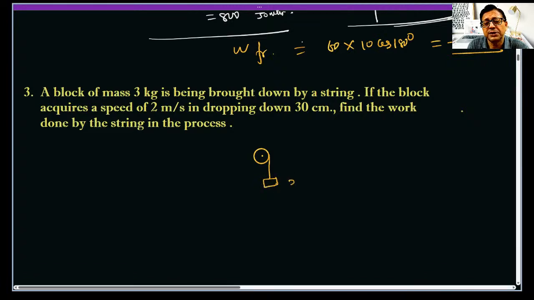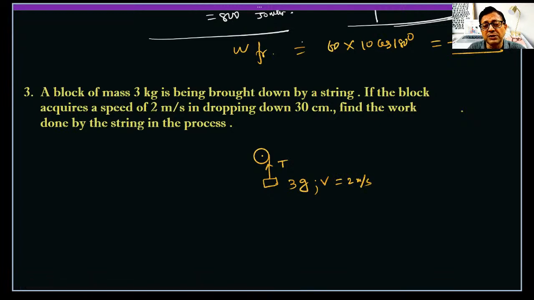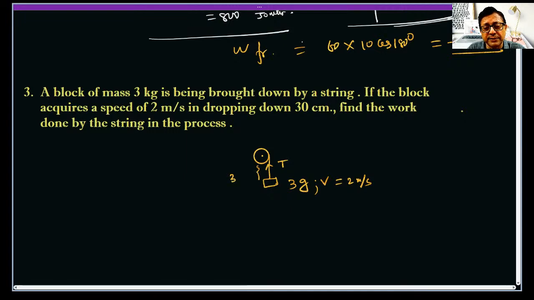This force is 3g. Tension is acting upward. The block acquires a speed of 2 meter per second when it goes down by a distance of 30 centimeter. Then the question is, find the work done by the string in the process.